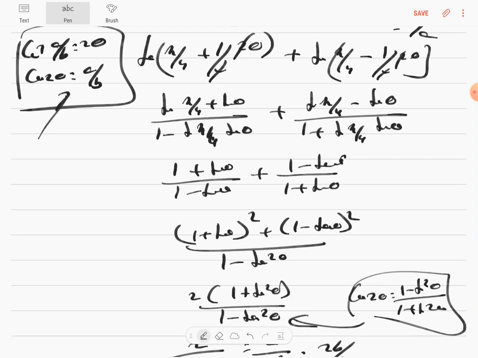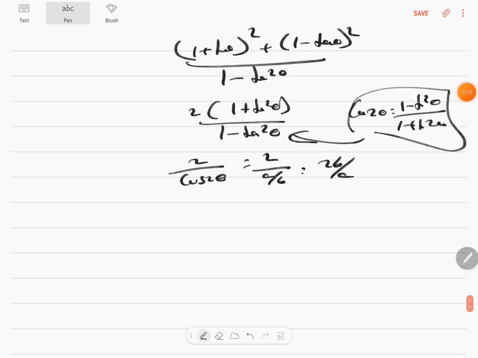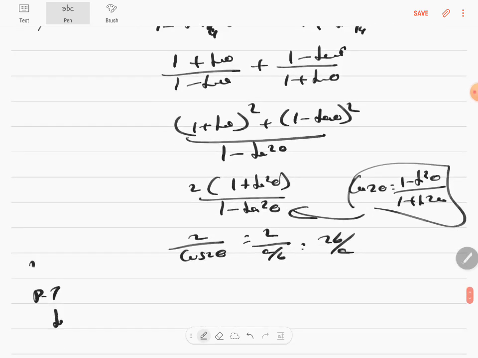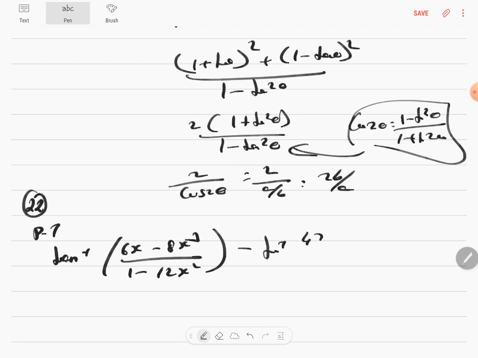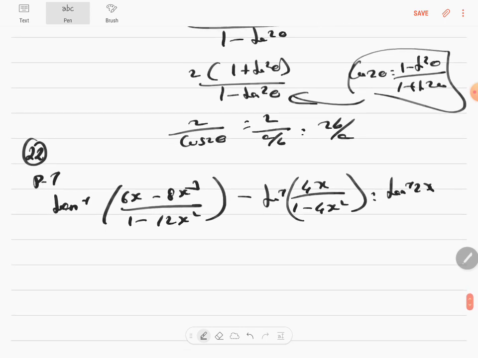So the next question that I would like to discuss. Prove that, next question number is 22: tan⁻¹((6x − 8x³)/(1 − 12x²)) − tan⁻¹((4x)/(1 − 4x²)) is equal to tan⁻¹(2x).